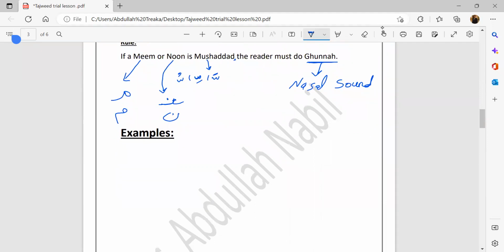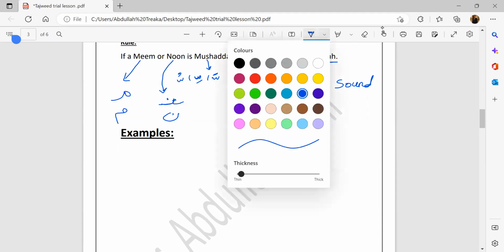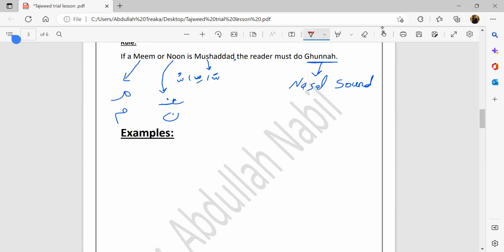Like example, مثلا عما يتساءلون. Recite after me, okay? عما, this is meme at the end of the words عما.